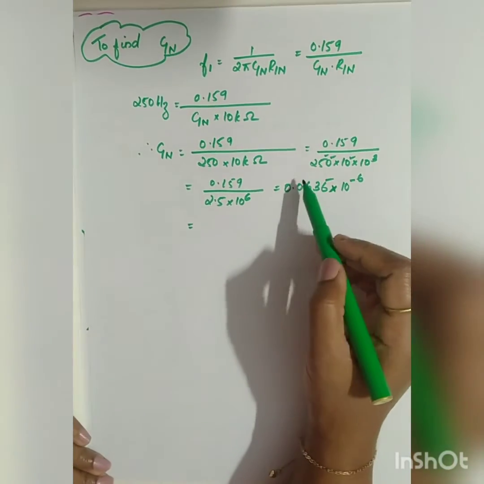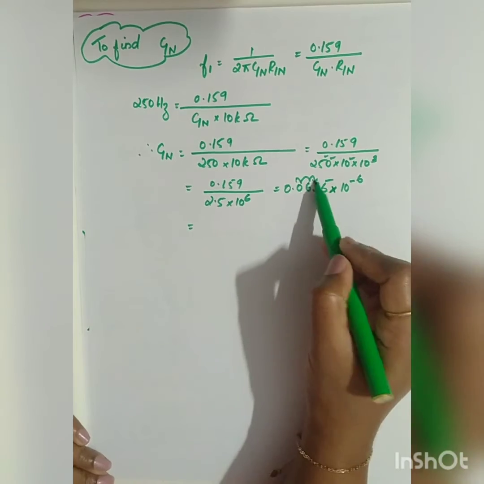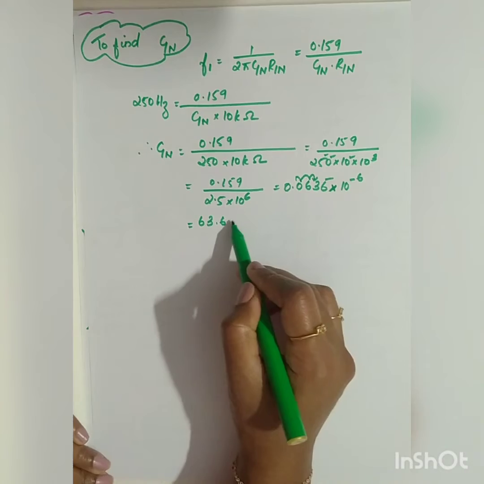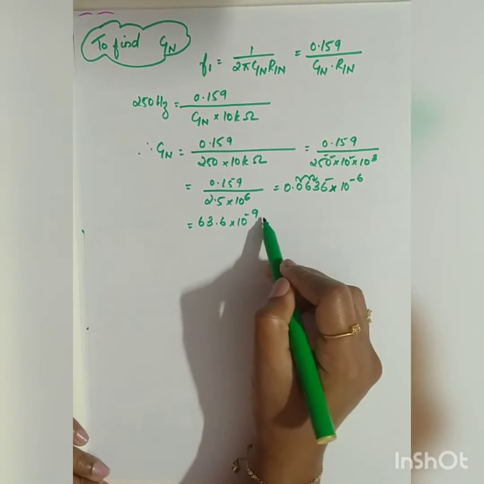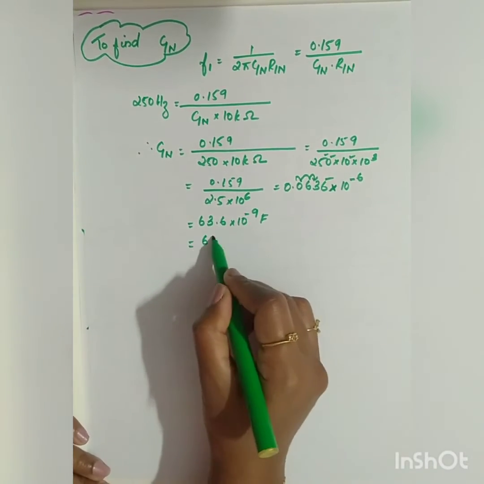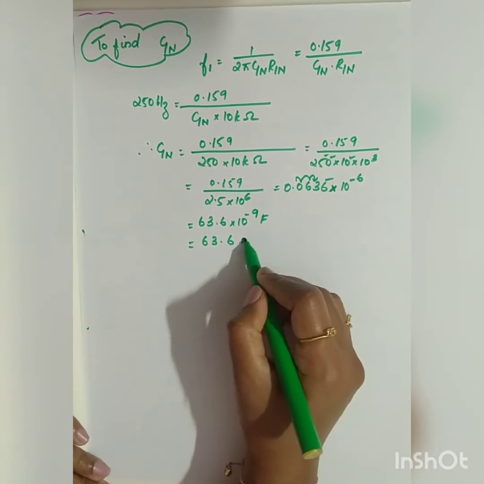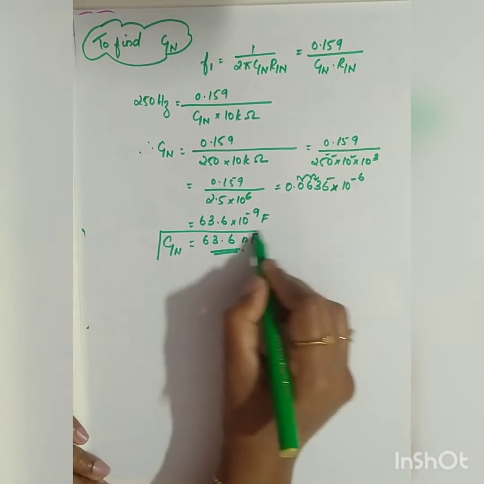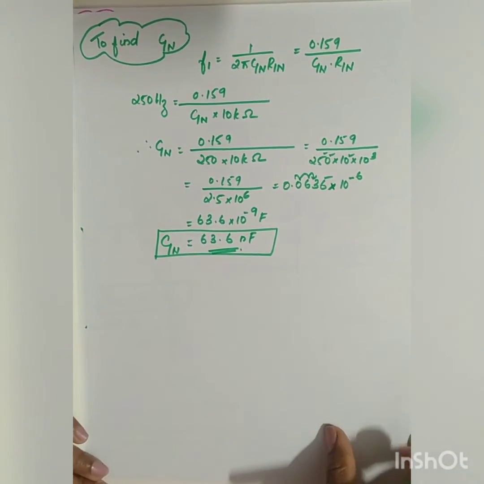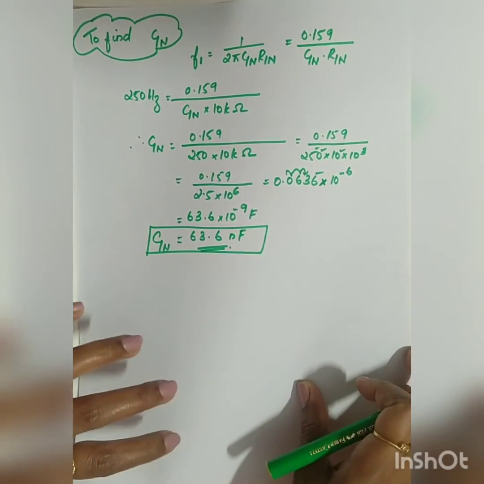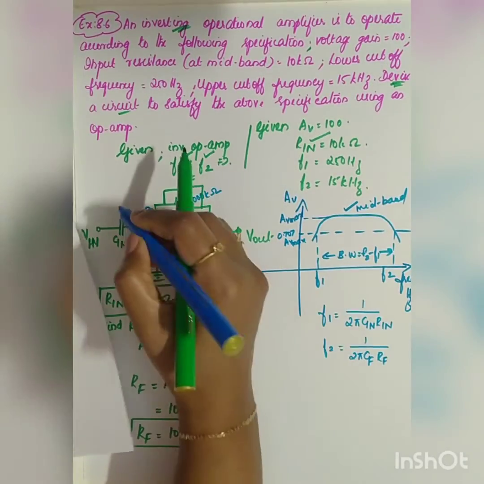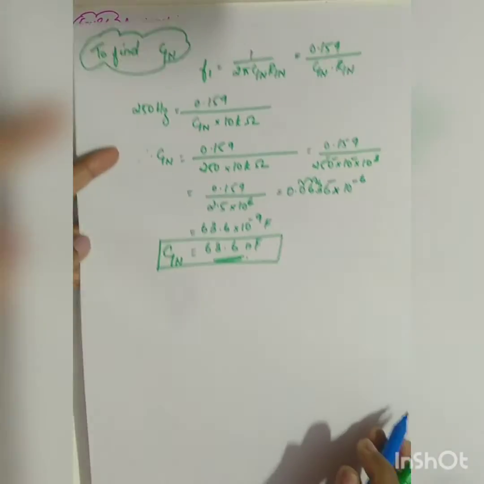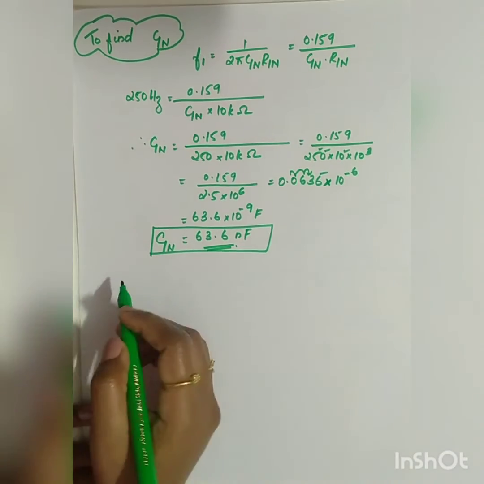If we convert it into nanofarad, we shift the decimal: 63.6 into 10 raised to minus 9 farad, which is equal to 63.6 nanofarad. So this will be your Cin. Let me write Cin is equal to 63 nanofarad.